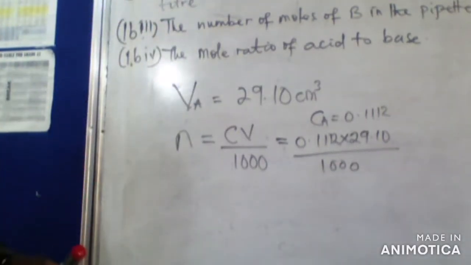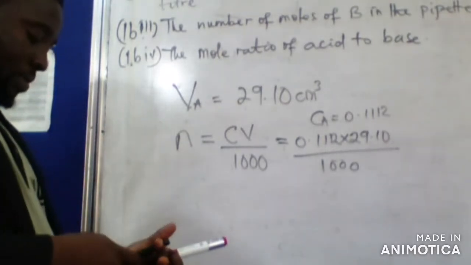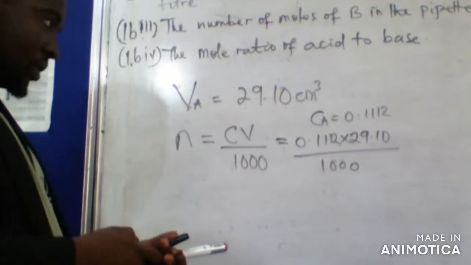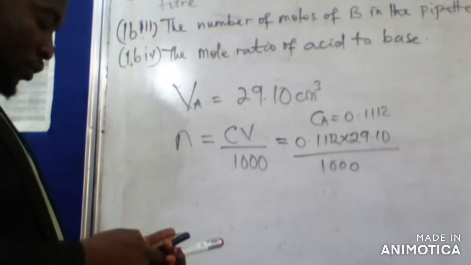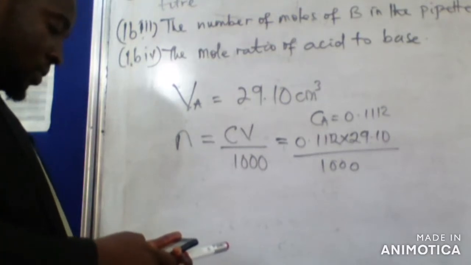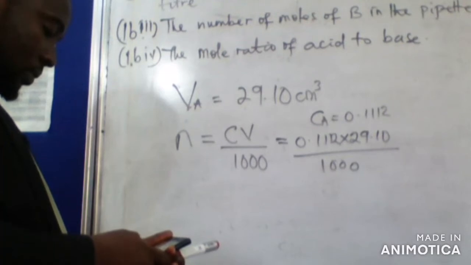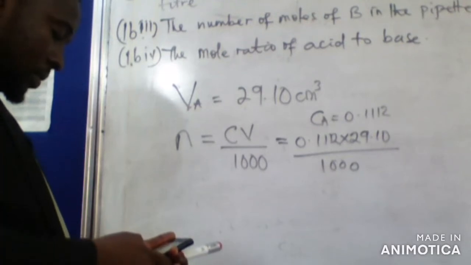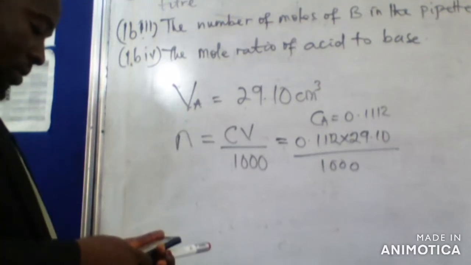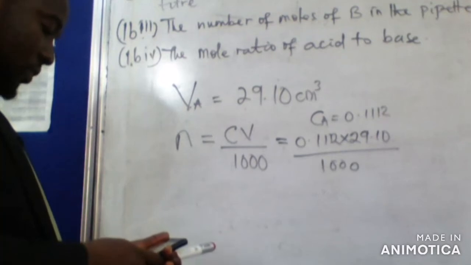At this point I would like to employ my calculator. 0.1112 times 29.1 divided by 1000, that is a 1 dm cube approximation.